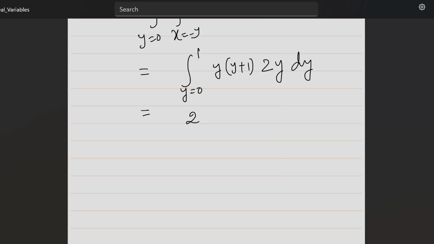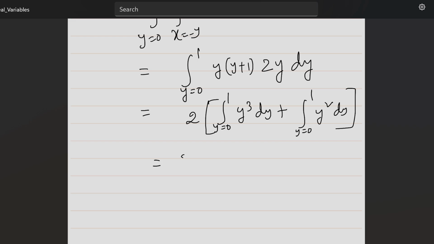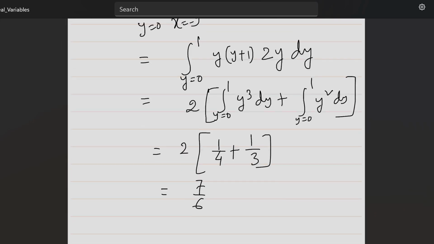That means 2 into the integral from 0 to 1 of y cube plus the integral from 0 to 1 of y square, right? So it is 2 into 1 by 4 plus 1 by 3. So that is 7 by 6. Correct? Understand?